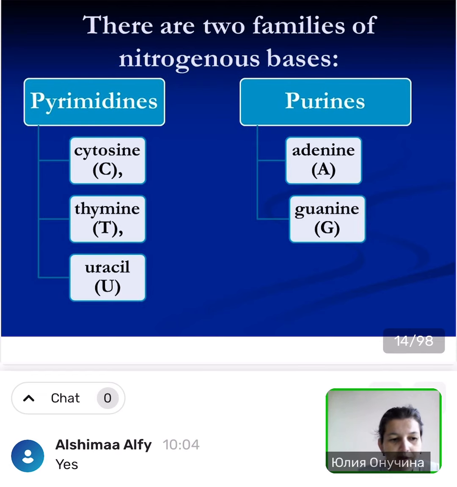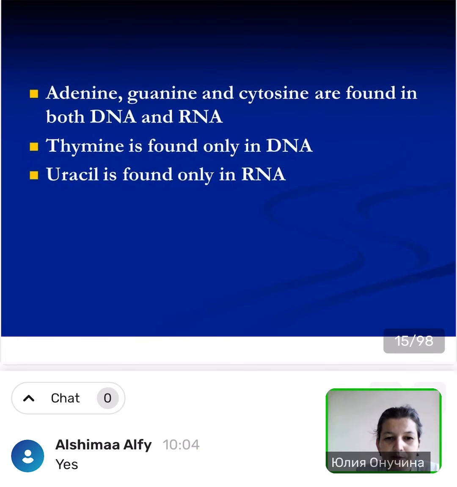This is easy. Adenine, guanine, and cytosine are found in both DNA and RNA. Thymine is only found in DNA and uracil only in RNA, as we said.